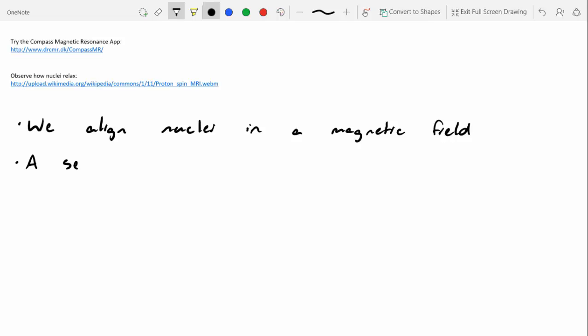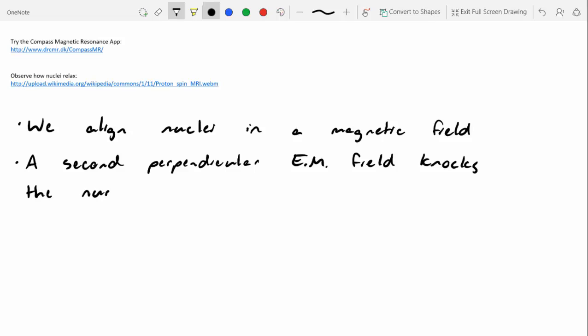A second perpendicular field, actually, let me say electromagnetic field, knocks the nuclei off axis.